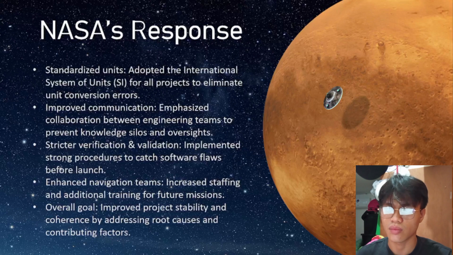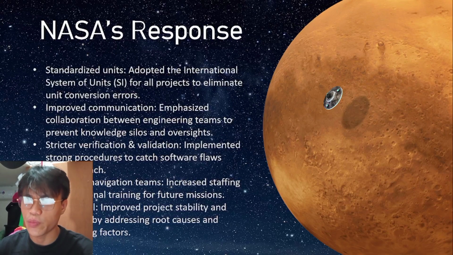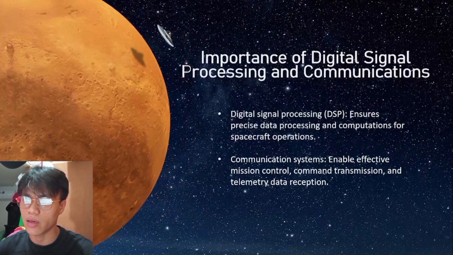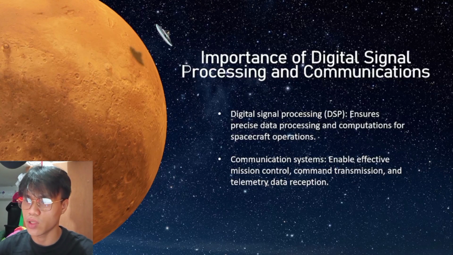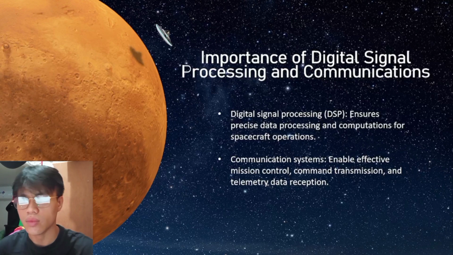So, the importance of digital signal processing and communication. Expanding on the role of digital signal processing, or DSP, in communication in spacecraft exploration, these technologies play a pivotal role in overcoming the challenges posed by the space environment.